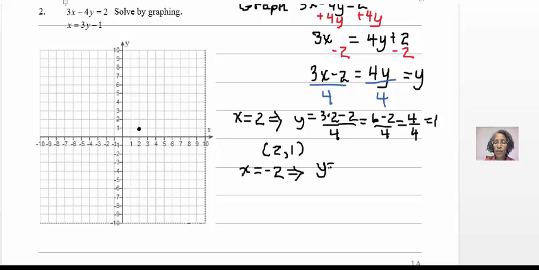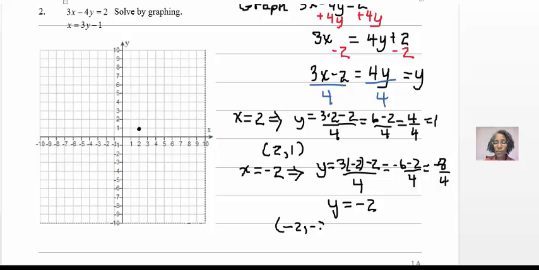Since 2 gave us a result divisible by 4 in the numerator, negative 2 will also. So 3 times negative 2 minus 2 gives me negative 8 over 4, so my y is negative 2, so I'm plotting the point (negative 2, negative 2). Draw a line through those 2 points. And there I've graphed the first equation.